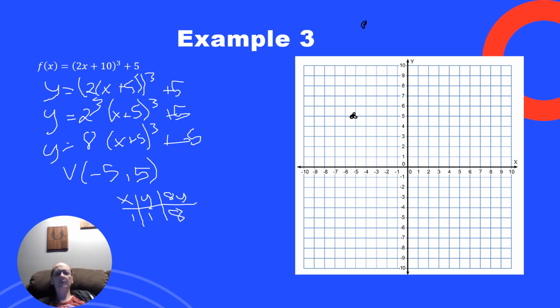And then the other one is the other way, over 1, down 8. 1, 2, 3, 4, 5, 6, 7, 8. So it's there. So my curve will look something like this. Actually turned out pretty decent, except for that bottom part. So here I spoke too soon. All right, that's all.